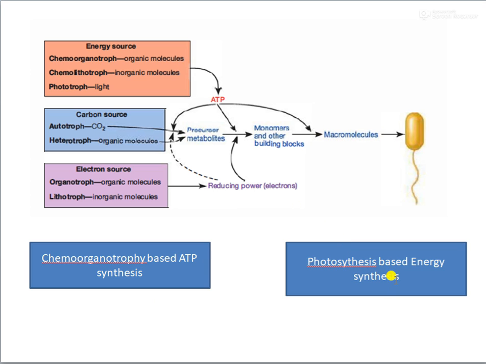When they are autotrophs, it is called photosynthesis, and when they are heterotrophs that use organic molecules, you call it chemoorganotrophy. So in this session, I will go into the metabolic reactions by which the nutrients they take up are broken down, and how they are converted into ATP. That's what we are going to talk about in the metabolism session.